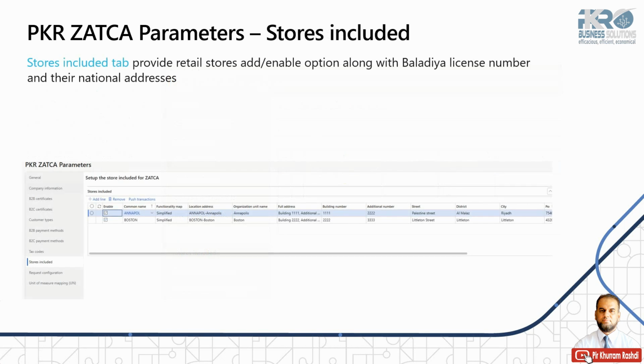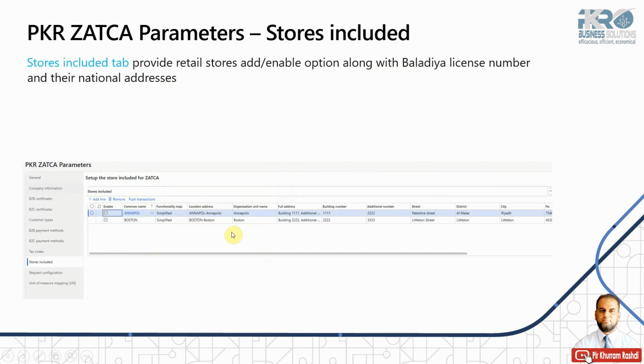Then we have a stores included tab, which is very important in the case of B2C. In this case we will have the option to enable or disable each store and their common name, and the functionality map is to define whether it is, normally in this case, simplified, and the national addresses for each of the stores which are available.